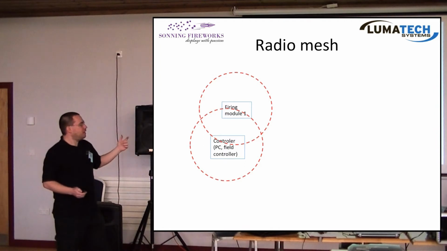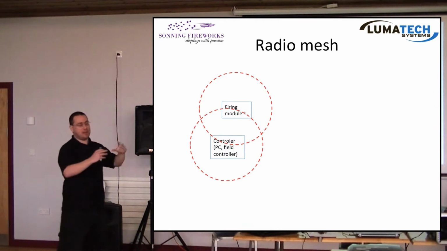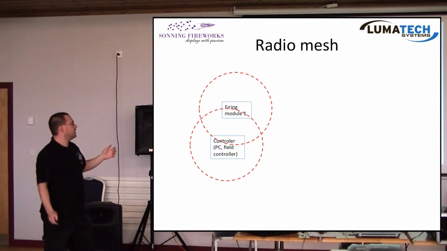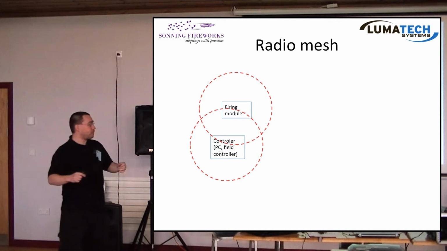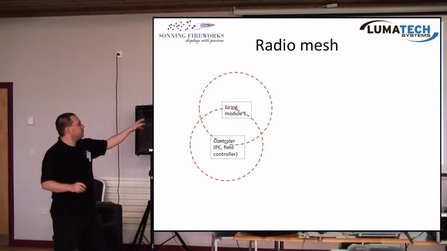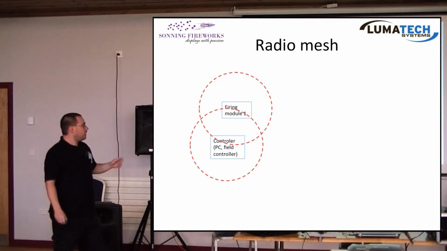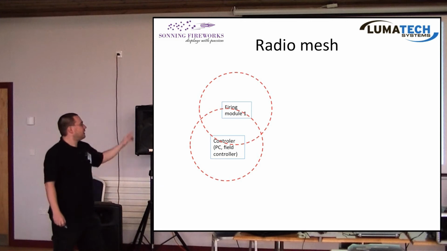There are new systems that have come out in the last few years built around radio mesh systems. And what a mesh is, say you've got this controller here, and the red line shows you how far this box can transmit. So we've got a firing module there, and that's obviously in the field, it can receive the signal. And that's how far that module can transmit.